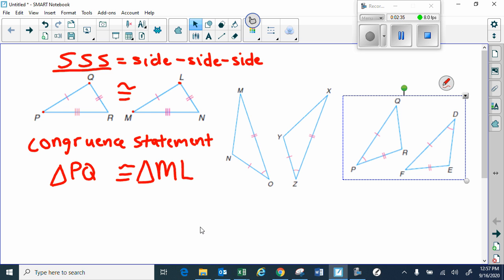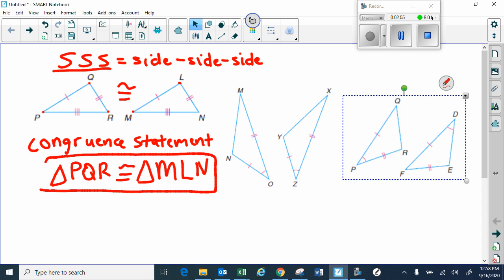So I have to put that one second, and then obviously last one would be R and N. Now, you don't have to go in alphabetical order like that. You can choose any order you want, but you do have to match up the corresponding letters properly. So now we talk about writing things properly. So this right here is called a congruence statement. And our justification would be by SSS. Okay, side, side, side.